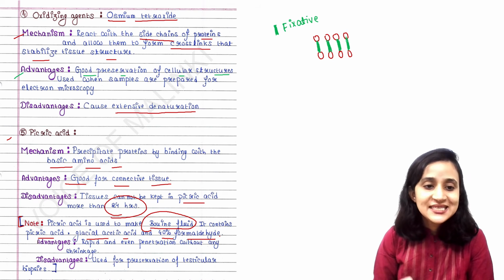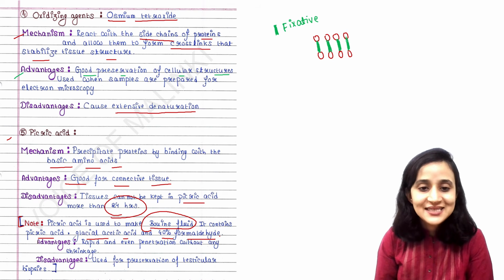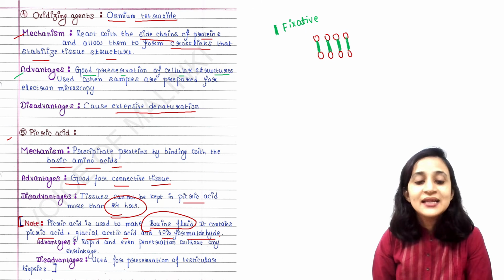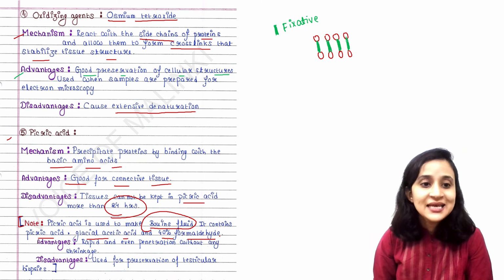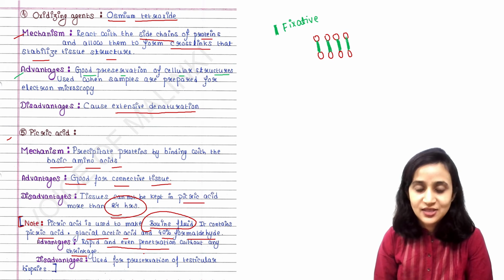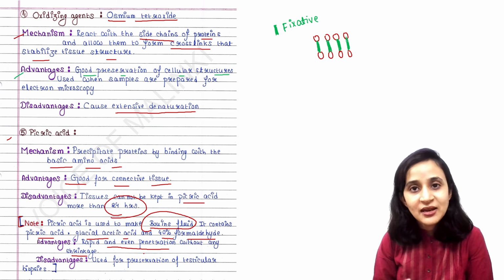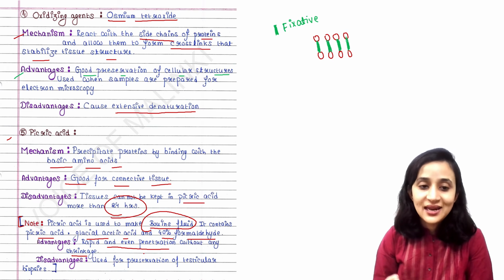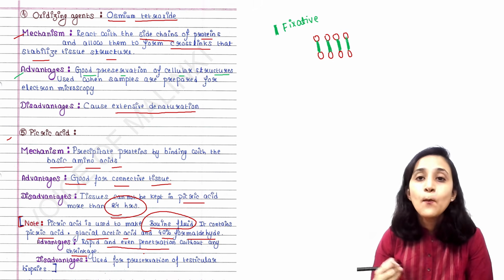The advantages of using Bouin's fluid are that rapid and even penetration occurs without any shrinkage.